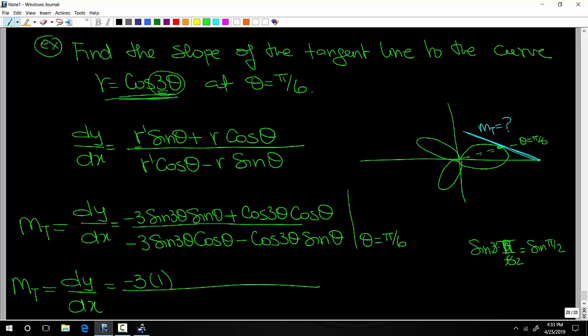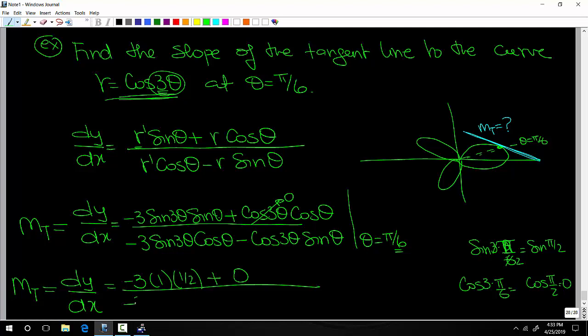Then we get sine of theta. Theta is pi over 6. That's 1/2. Plus cosine of pi over 2 is 0, because we get cosine of 3 times pi over 6, which will give us cosine of pi over 2, which is 0. So that whole thing is gone. Okay.